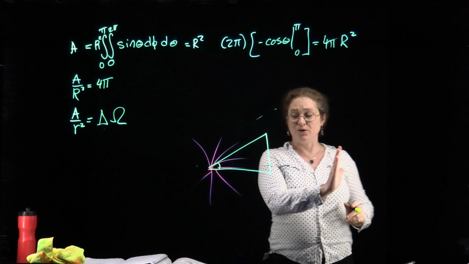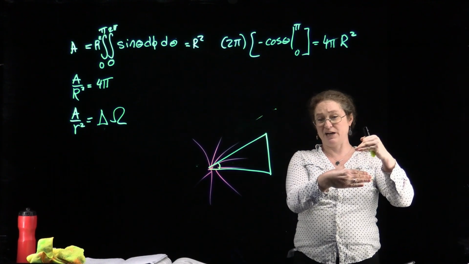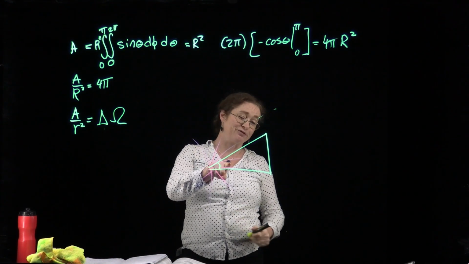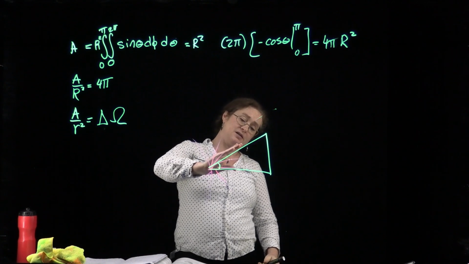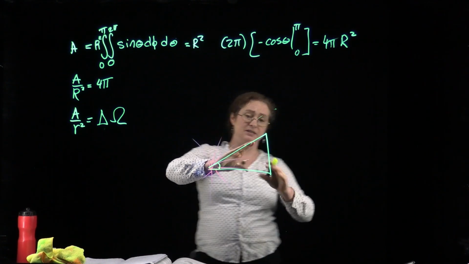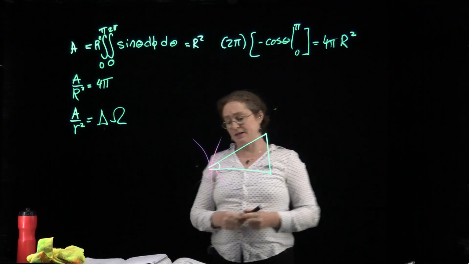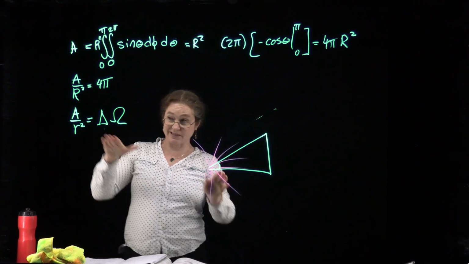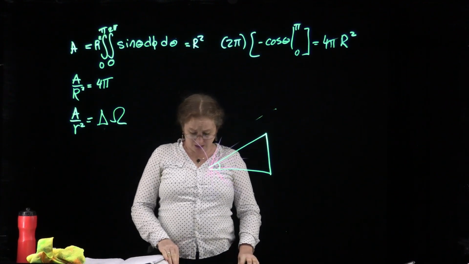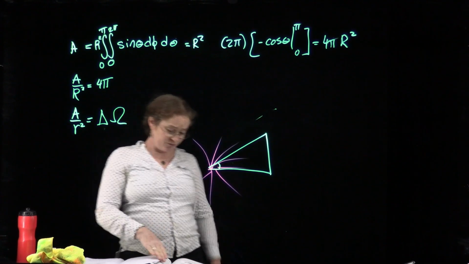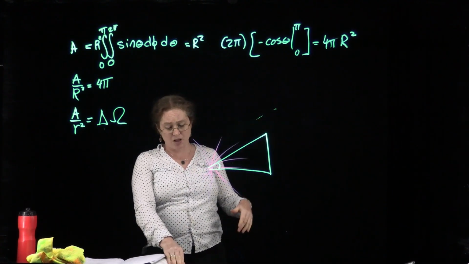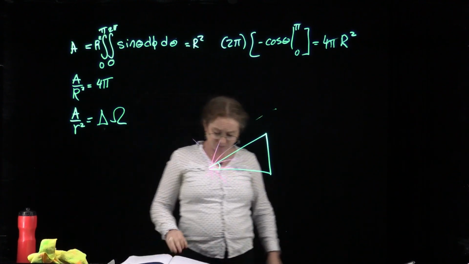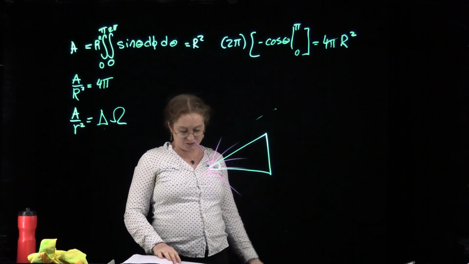You could move the detector out. You will detect a smaller fraction of the particles. The real thing that determines what fraction of the particles you detect is the angle subtended by the detector. So this is the solid angle, and if you capture a larger solid angle, then you will measure a greater fraction of all of the products.